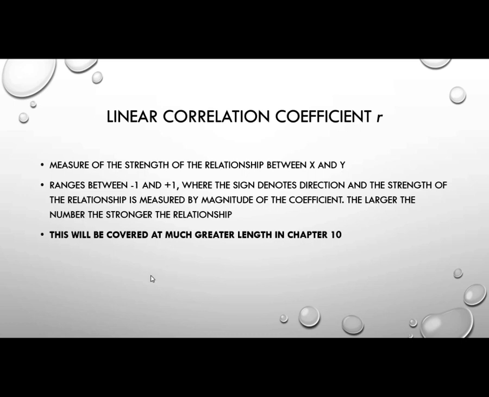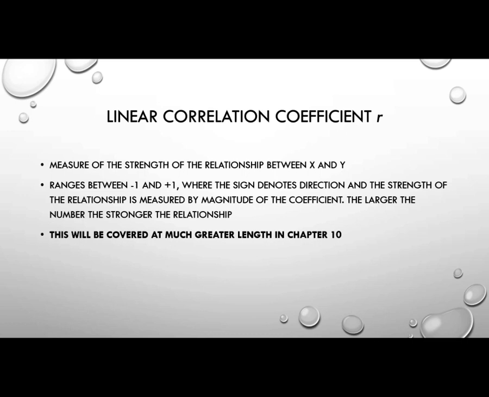But if I have a correlation coefficient of negative 0.4 and a positive correlation of 0.2, so -0.4 is actually the stronger correlation coefficient. Even though it's negative, negative doesn't mean anything about the magnitude, it just tells us about the direction.